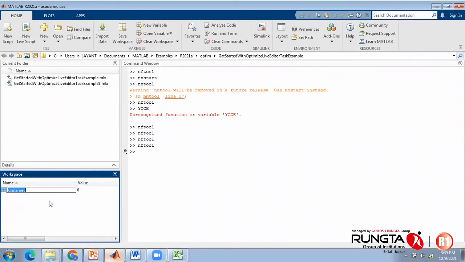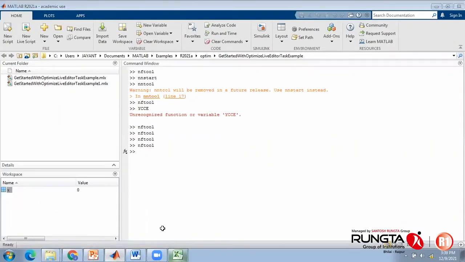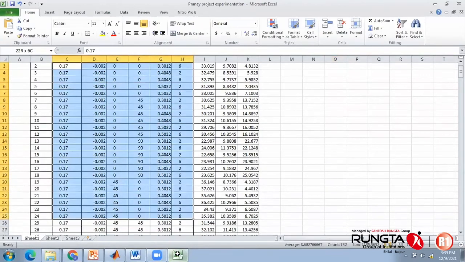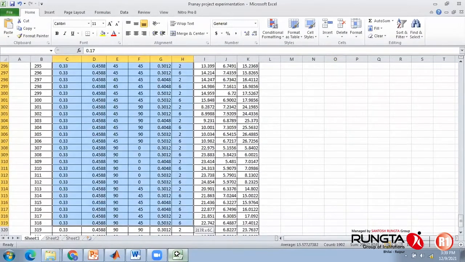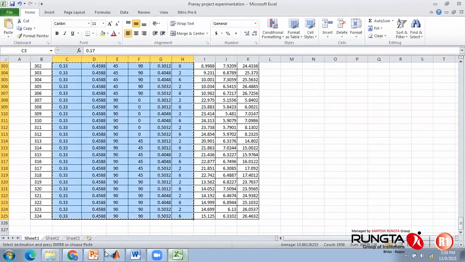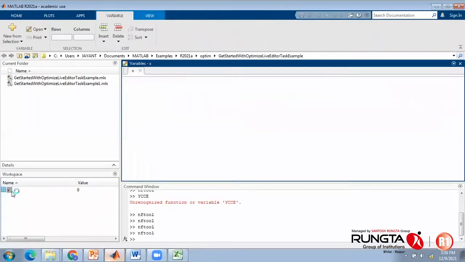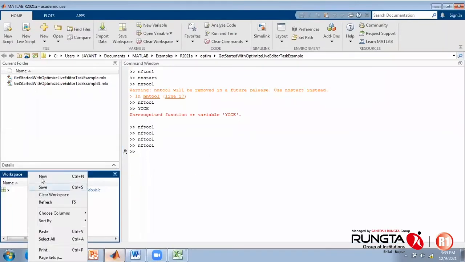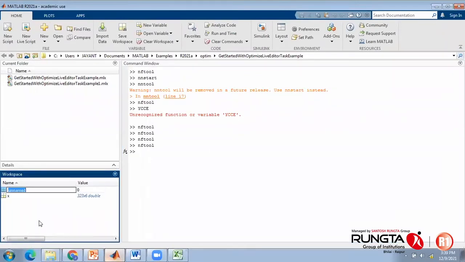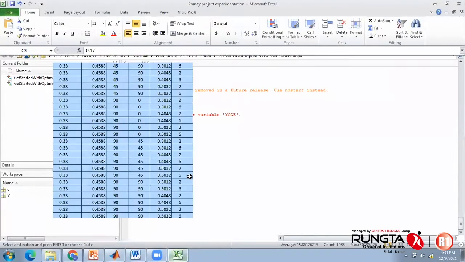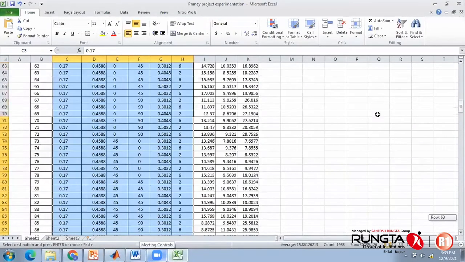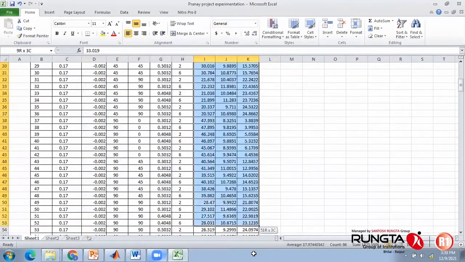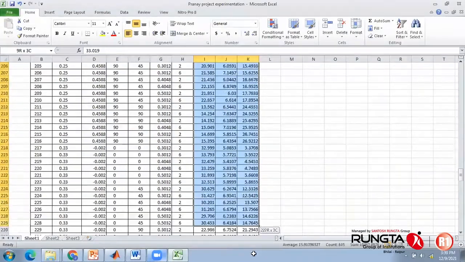We'll generate a new variable X for the next problem. It's a problem of 3D printing. So let me paste it. It is created. Now in this Y, I'm going to take all three outputs, so we'd like to train a neural network simultaneously for all three outputs.